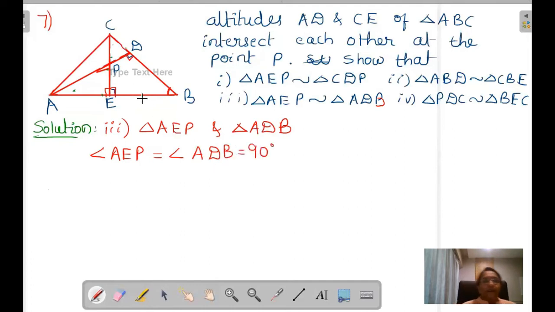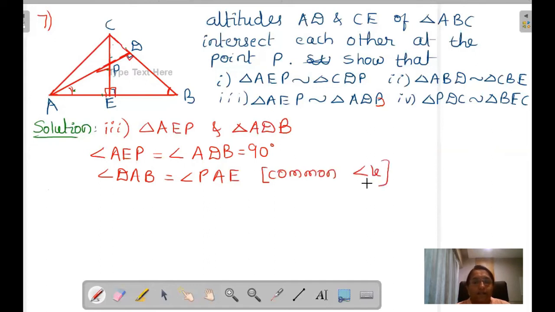Next, see here, in AEP this angle will come, and in ADB again this angle will come. So angle DAB is equal to angle PAE, a common angle.